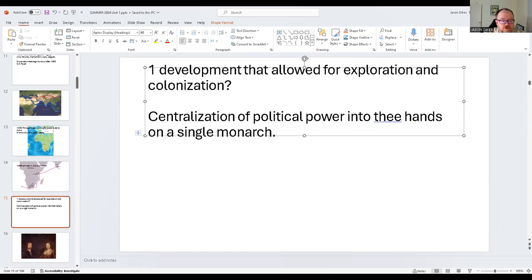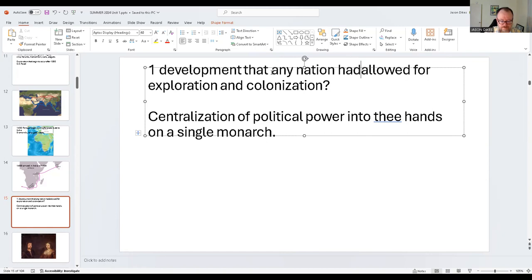That has to occur before any nation can get into exploration and colonization. Centralization, political power into the hands of a single monarch.